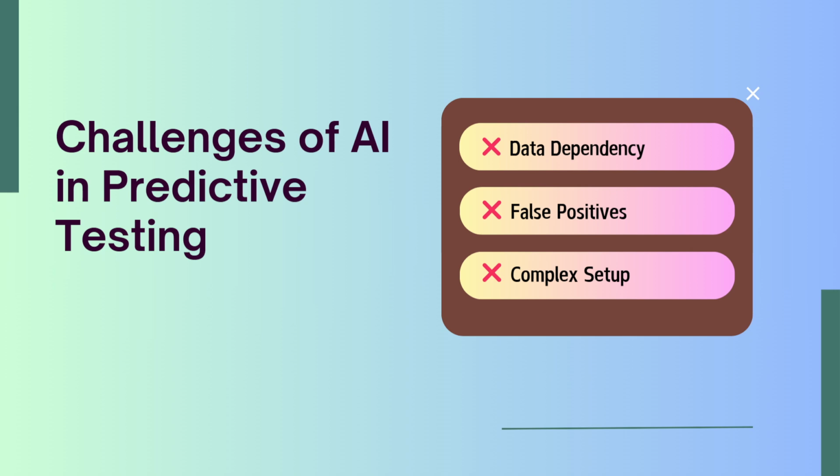AI needs a large amount of past test data to make accurate predictions. Another is false positives. AI might flag low-risk changes as high risk. And also the complex setup, as initial implementation requires effort and expertise for predictive AI.